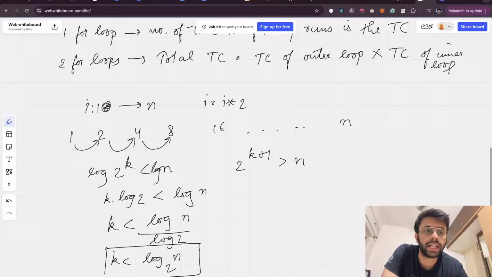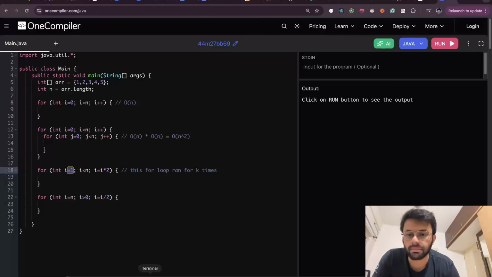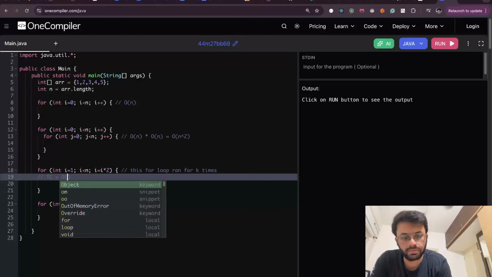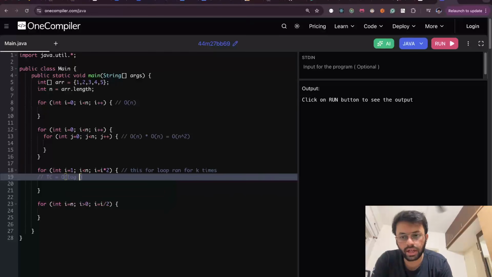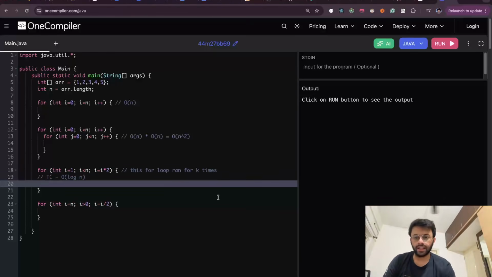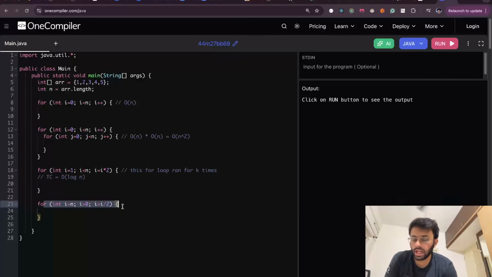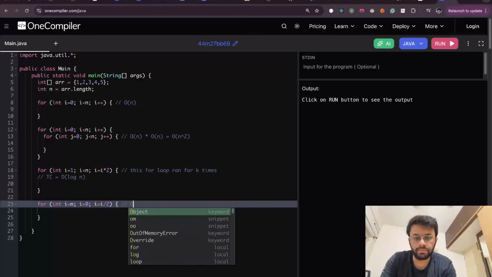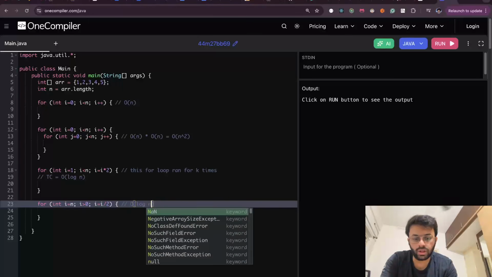So that is why the time complexity here becomes big O of log n base 2. Okay, great. And similarly here also it is coming from n to 0, but now it is getting divided instead of multiplied, but it is the same concept. So here also time complexity will be big O of log n.